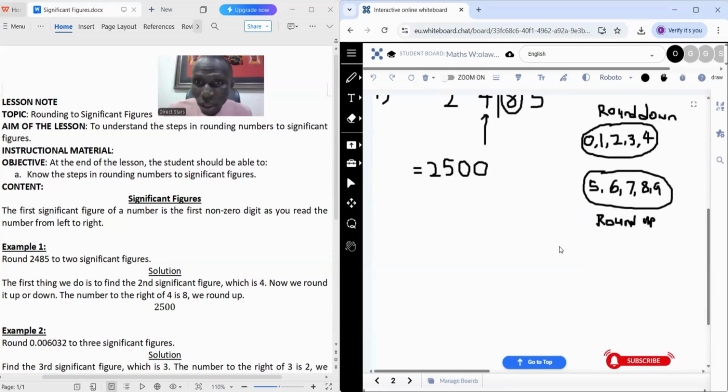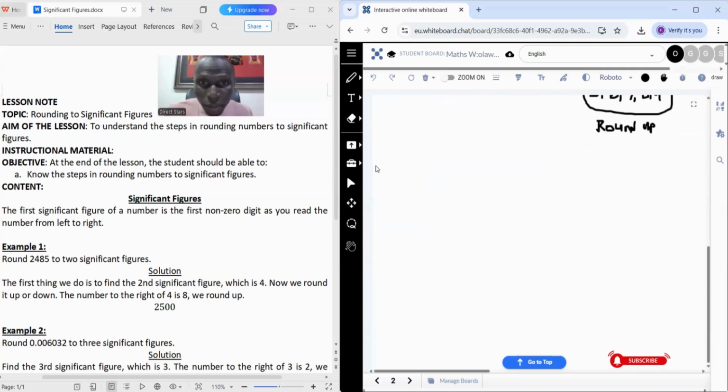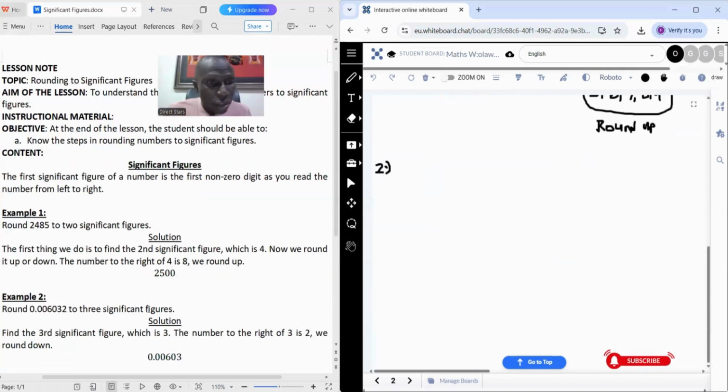So we'll go to the second example here. Example 2. Here we are asked to round 0.00603 to three significant figures.